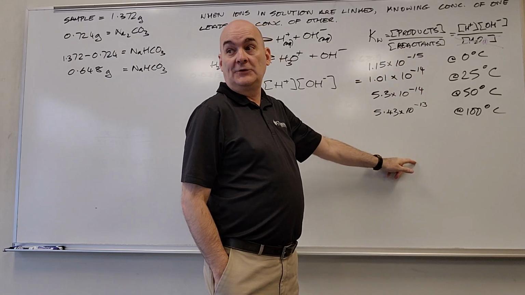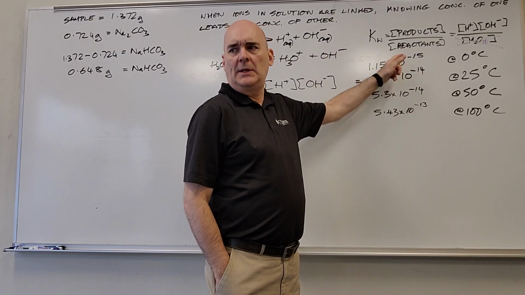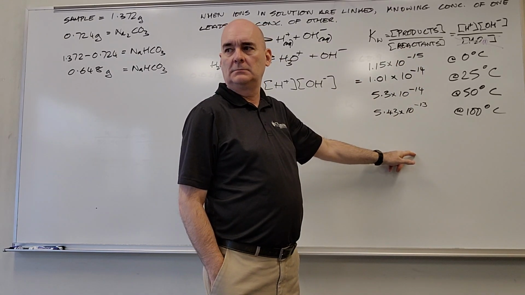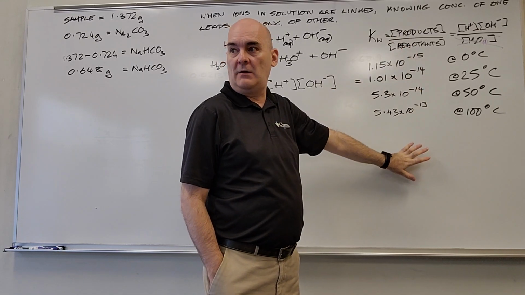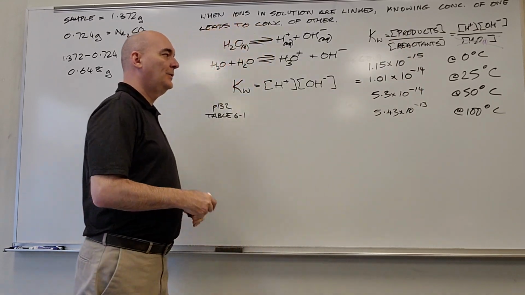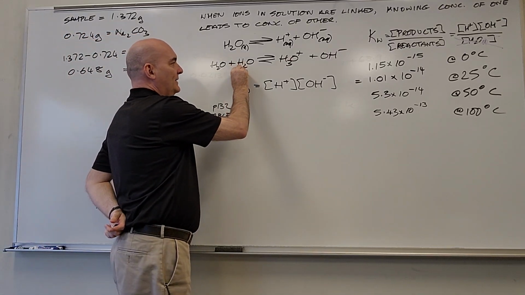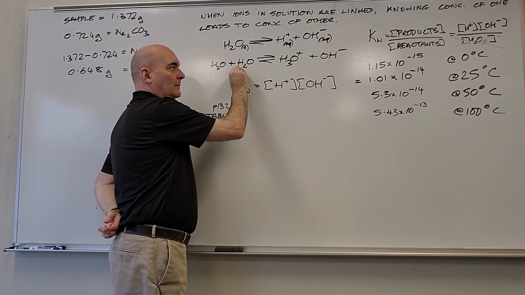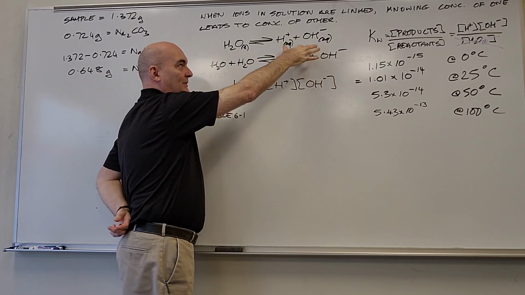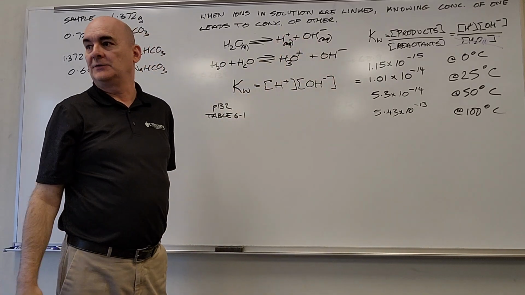These are getting larger. Are they large numbers? No, they're still very, very small numbers, but they are getting larger. So as you heat water up, more of it dissociates into its individual ions.